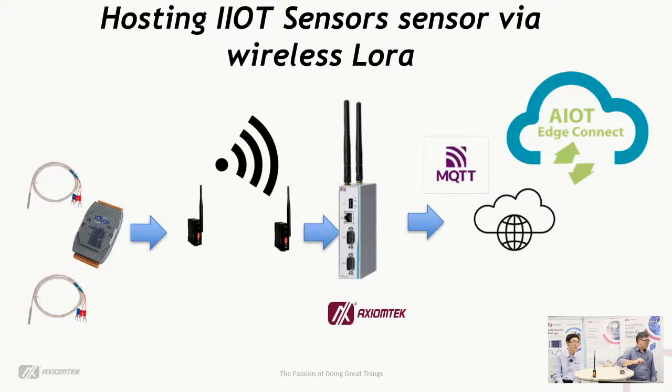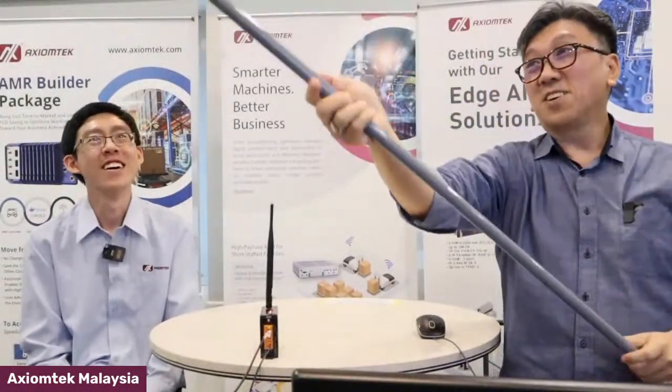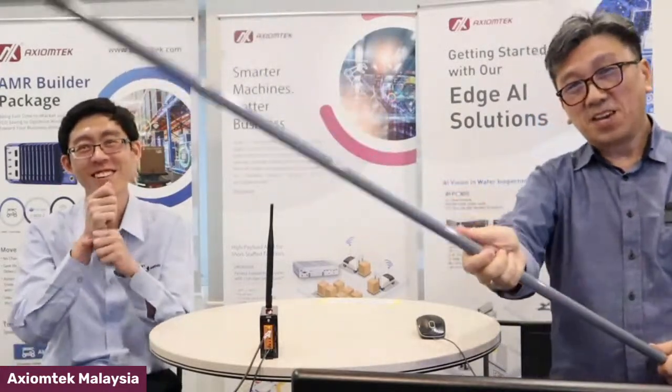And one part, for example, we have this so-called, can you see this? Very long rod. Just now I asked, what is that? It's like a fishing rod. So let's say people like Joran, they want to fish.